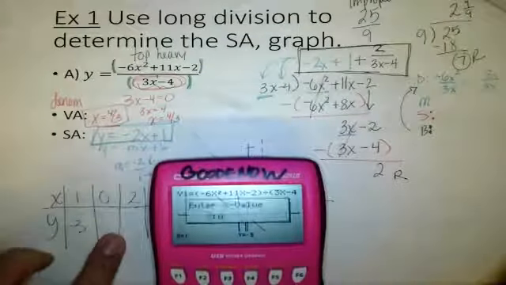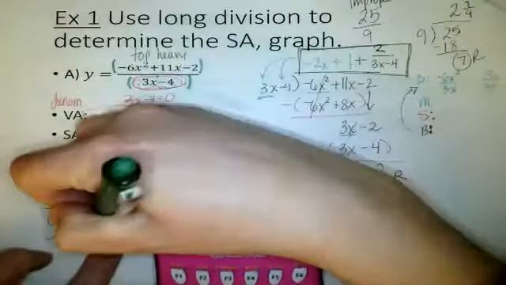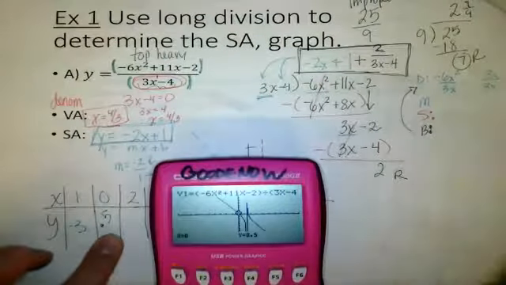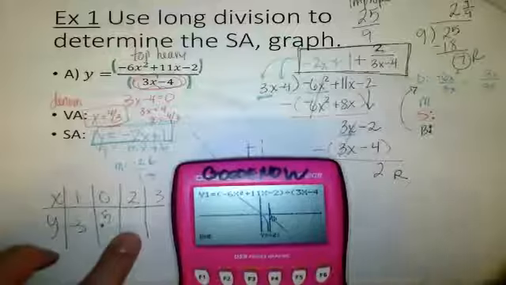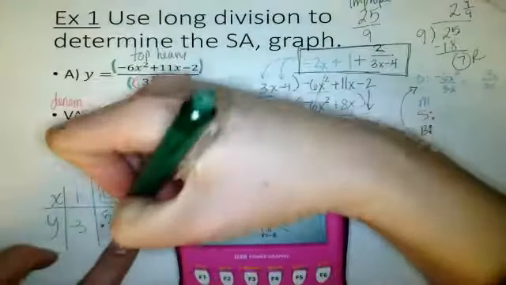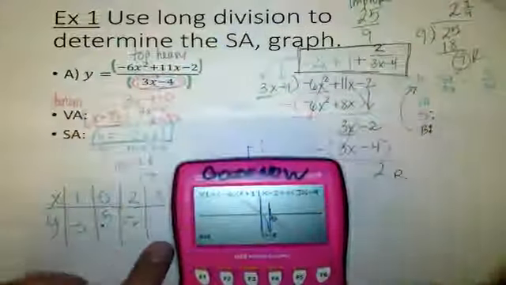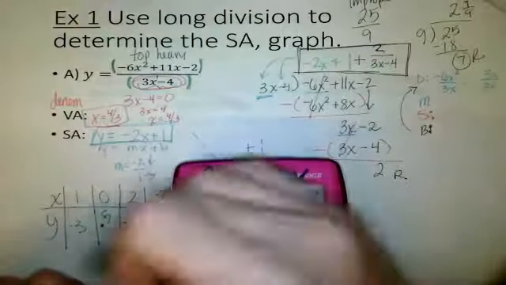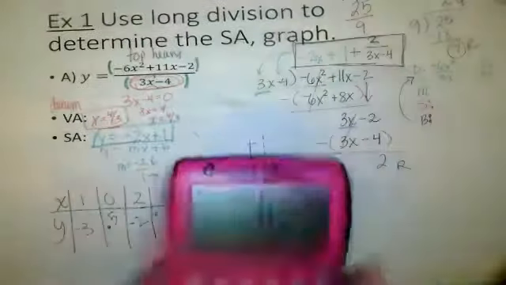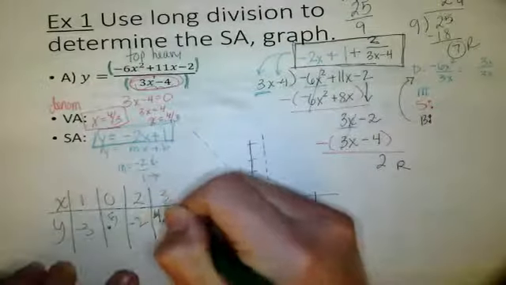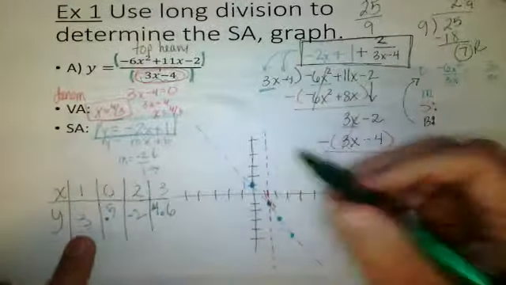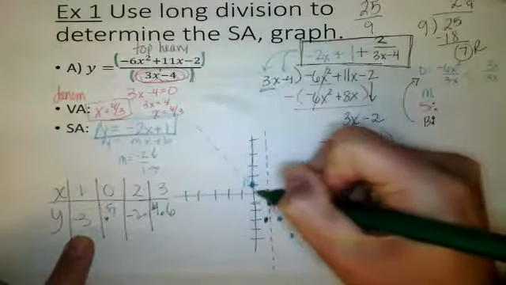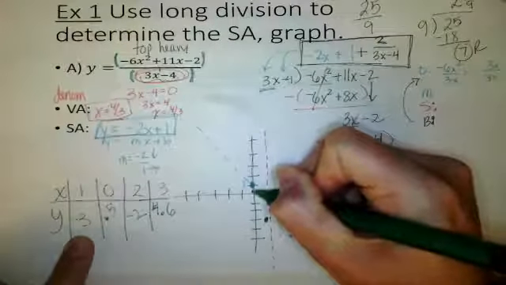And I type in 0, enter, and I get 0.5. I'm going to type in 2, enter, I get negative 2. And I'm going to type in 3, and I get negative 4.6. So with some nice values, 1, negative 3 is right here, and 0.5 is right there.